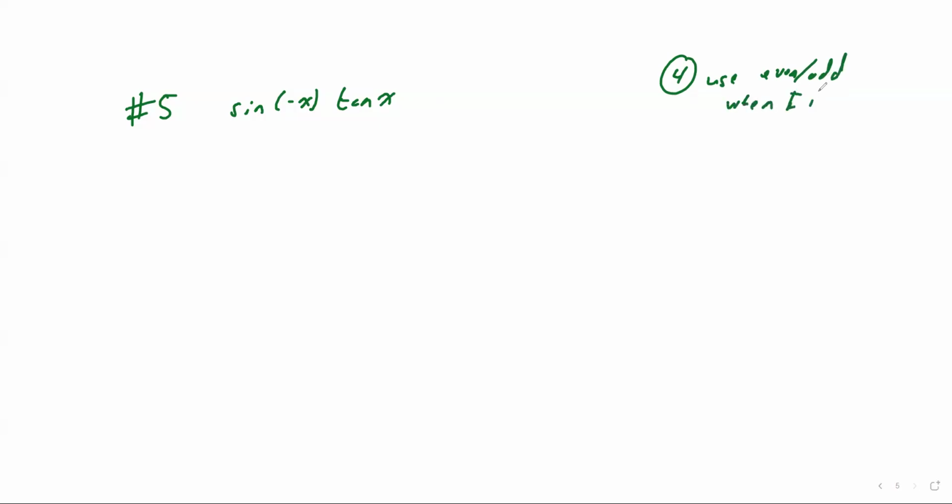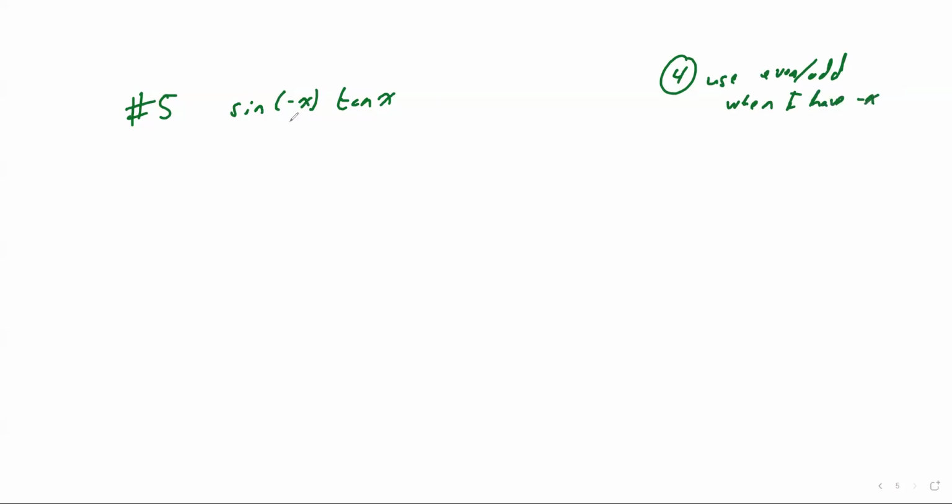All right. We'll look at number 5. This one says sine of negative x times tan x. First thing I want to do is use my even odd identities when I have a negative value.